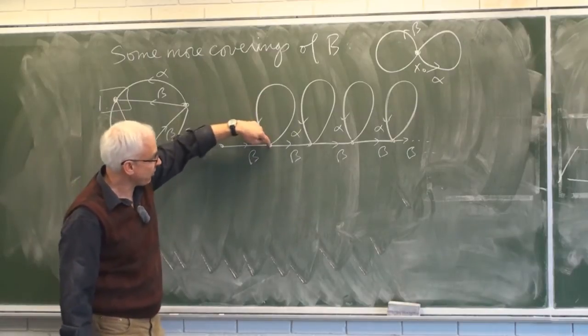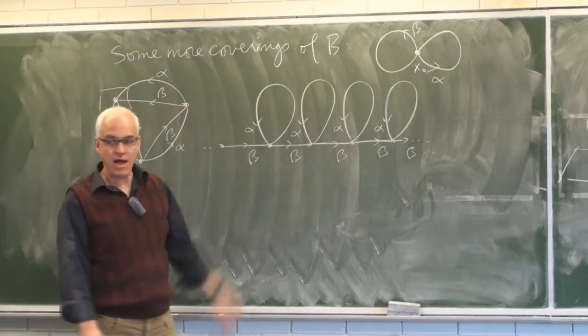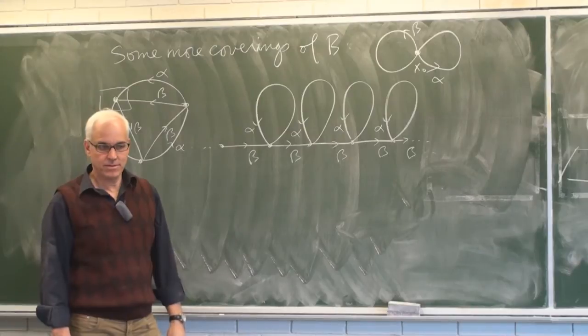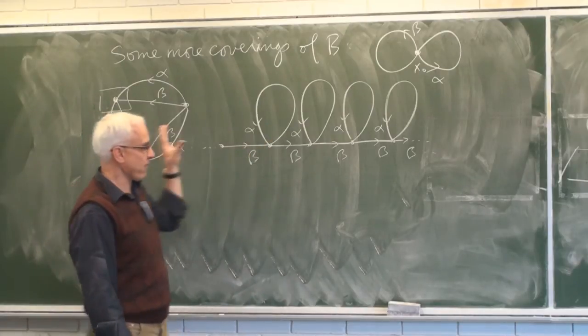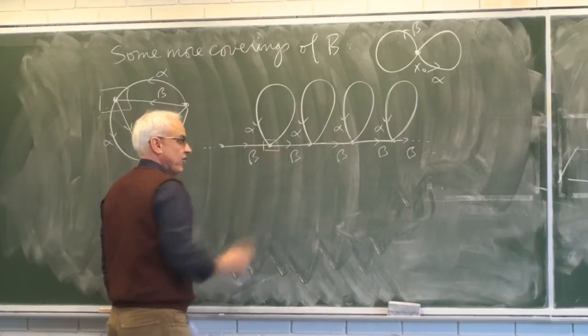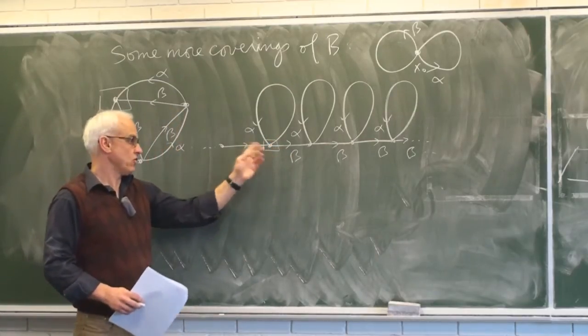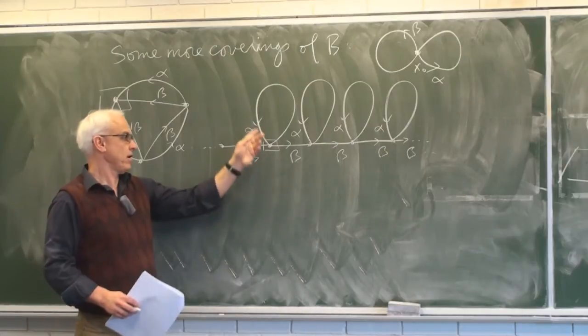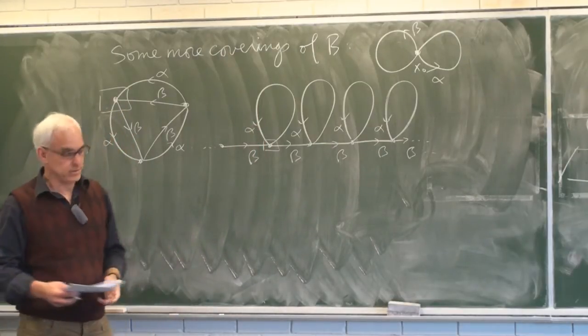And associated at every vertex, there's a loop labeled alpha. This is another covering of the base space B. At every one of these vertices, we can check that we have 4 edges. 2 of them are betas, 1 going in, 1 going out. 2 of them are alphas, 1 going in and 1 going out.